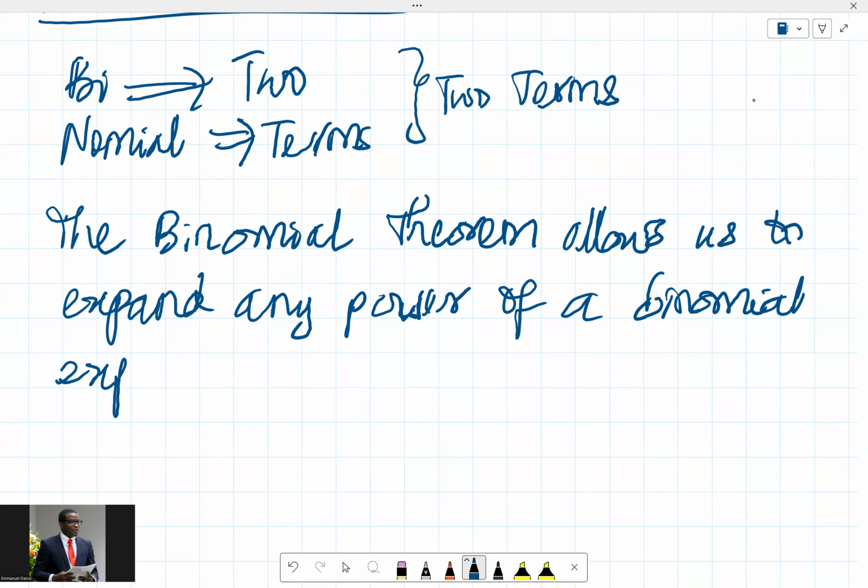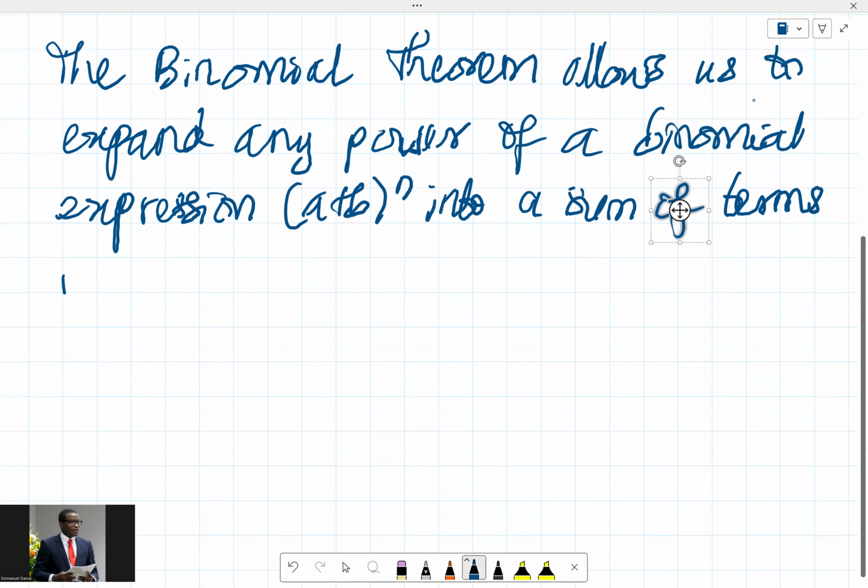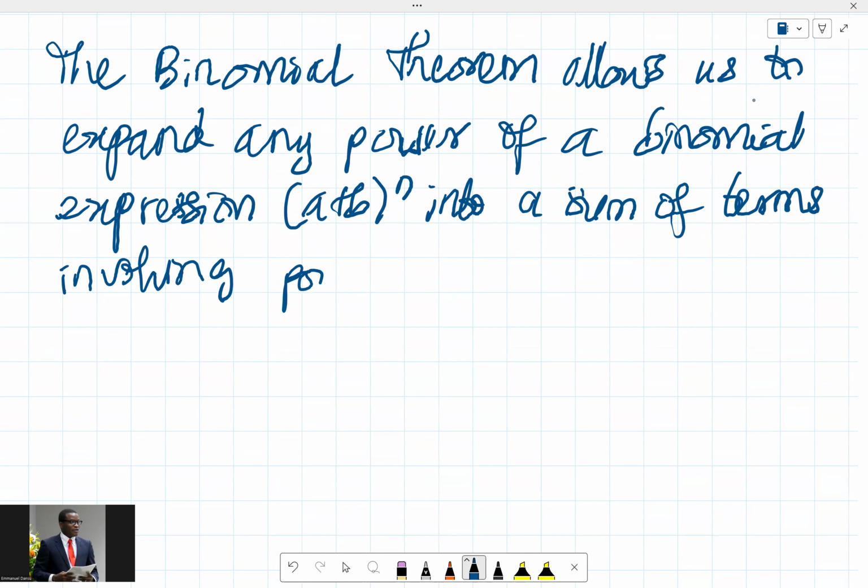A binomial expression is an expression like a plus b raised to power n. So we can now turn that into a sum, and that's where it turns into a series. That expression can be expanded into a sum of terms involving powers of a and b.